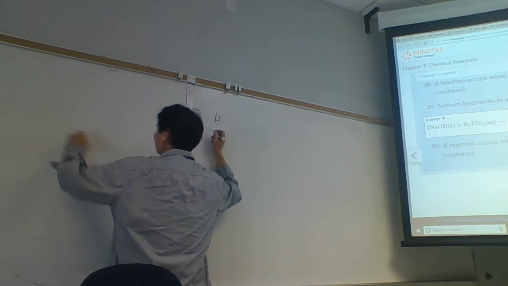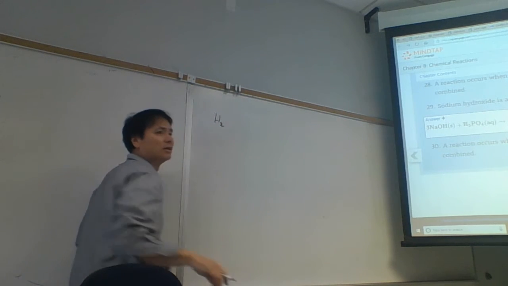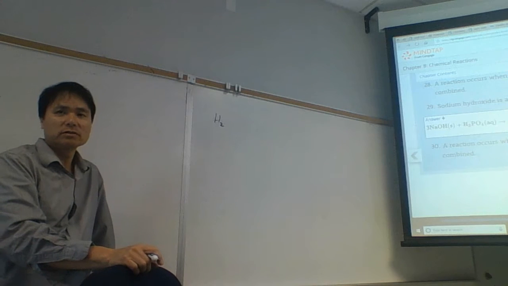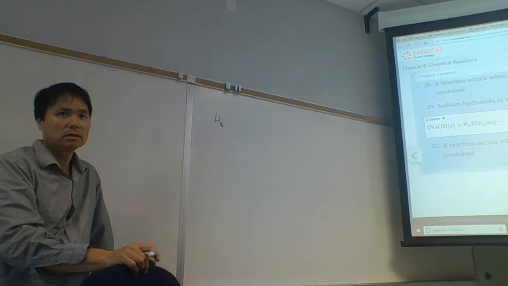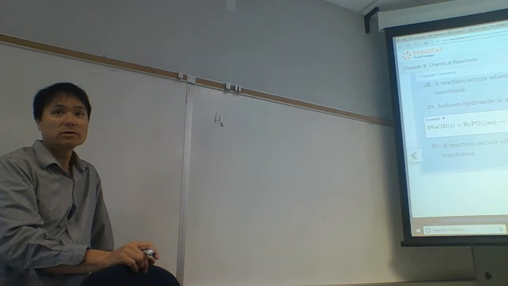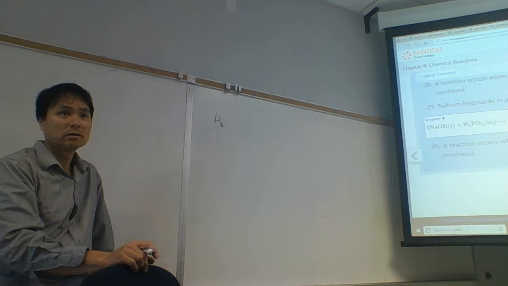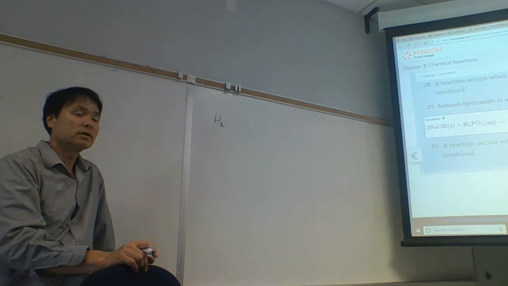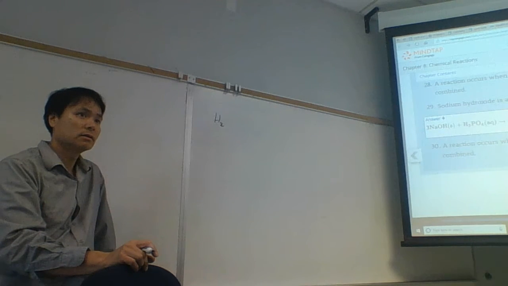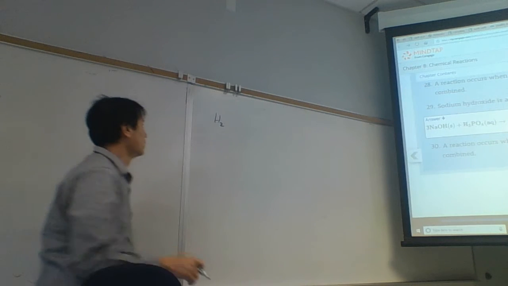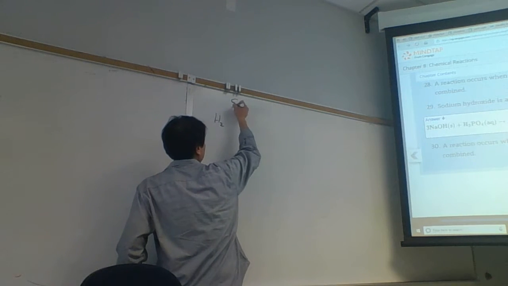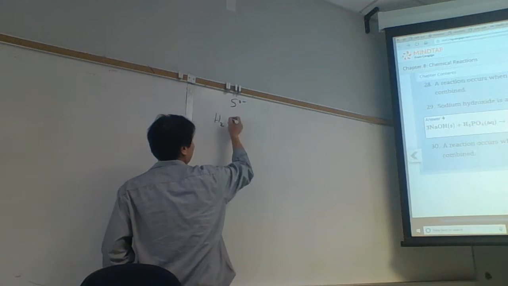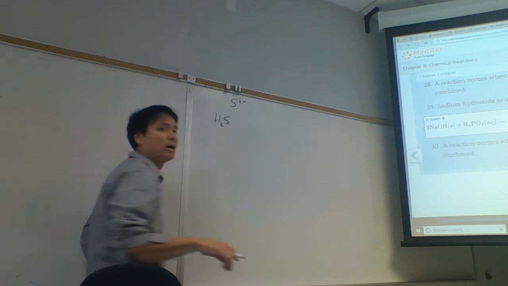H2SO4, wasn't that just sulfuric acid? Oh, sorry. Yeah. Hydrosulfuric acid. Hydrosulfuric, does it have oxygen or no oxygen? Hydrosulfuric means the anion is sulfide. If the anion is sulfide, then it's H2S.